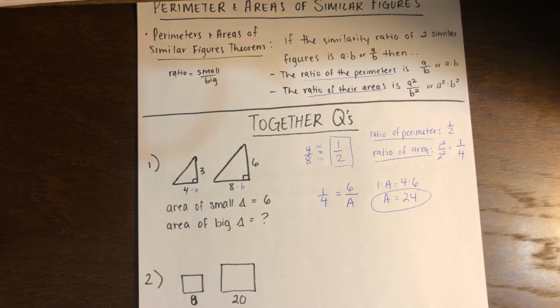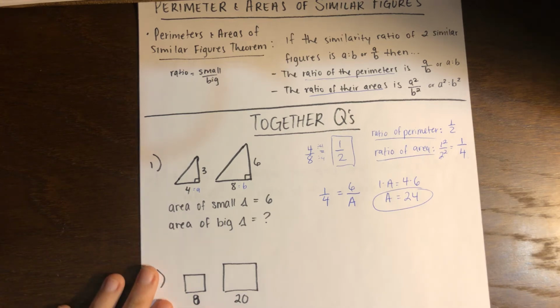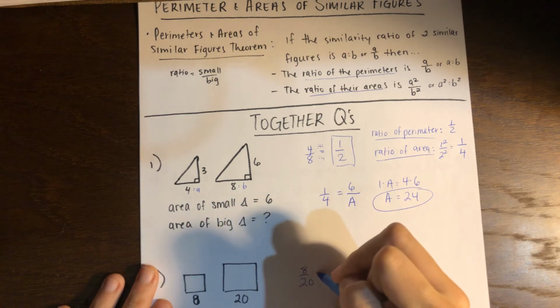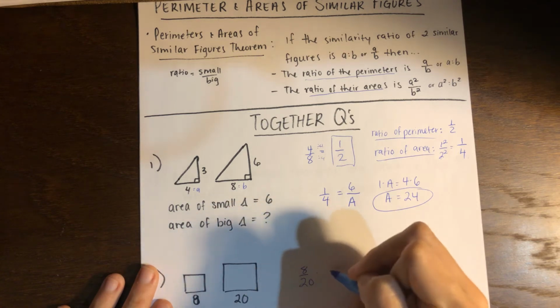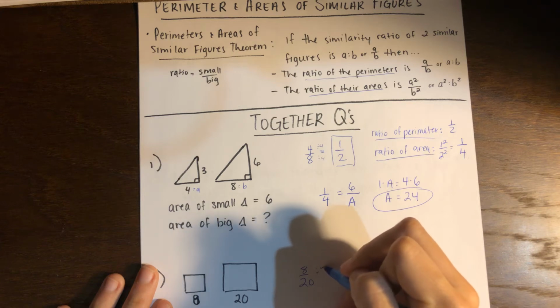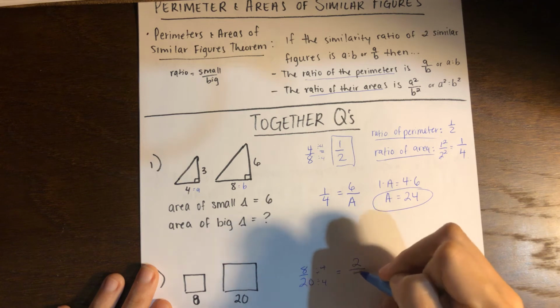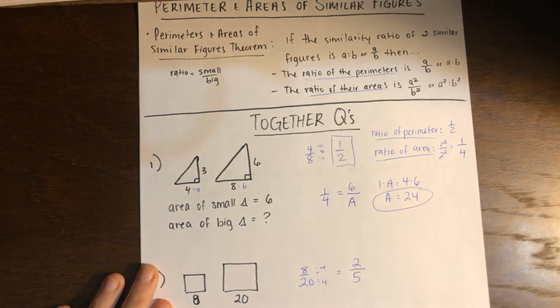Okay, let's do the next one. So we have two squares. We have 8 and 20 as the measurements of the sides. So we know that they're squares, so we're going to do 8 over 20. If I divide both sides again by 4, I get 2 over 5. So that's going to be my ratio for this one.